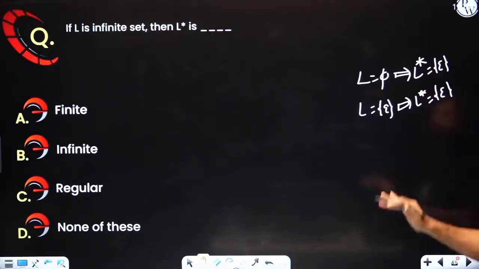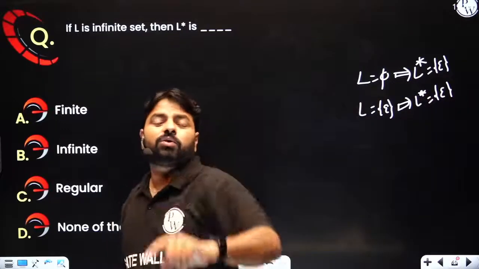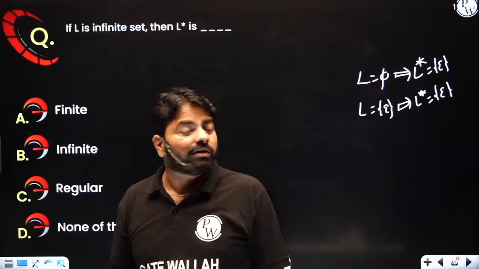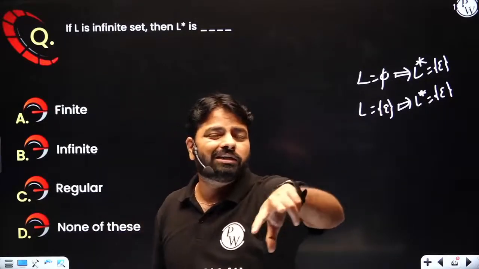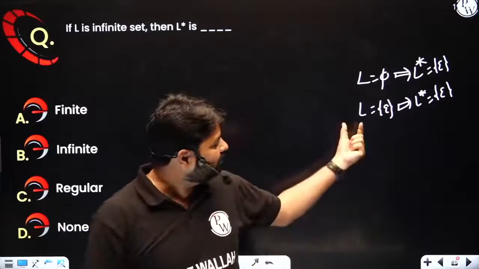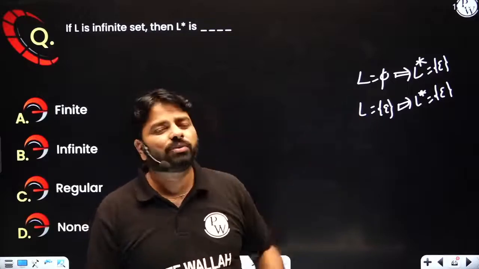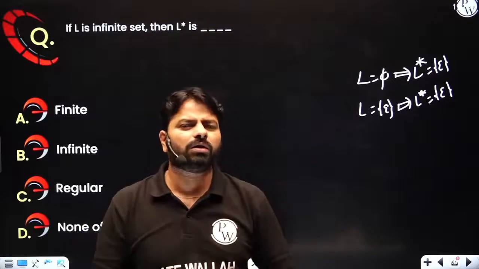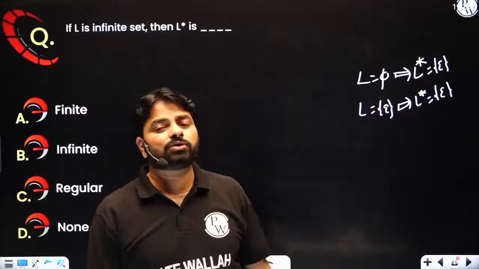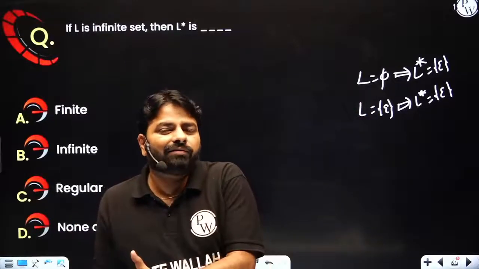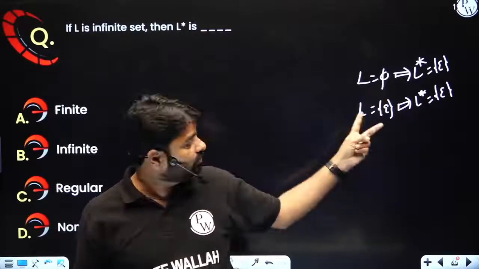Except these two, you take any other finite language in the world, do the Kleene closure, and you will get infinite. Because of these two cases only, the Kleene closure of a finite language need not be finite, need not be infinite.